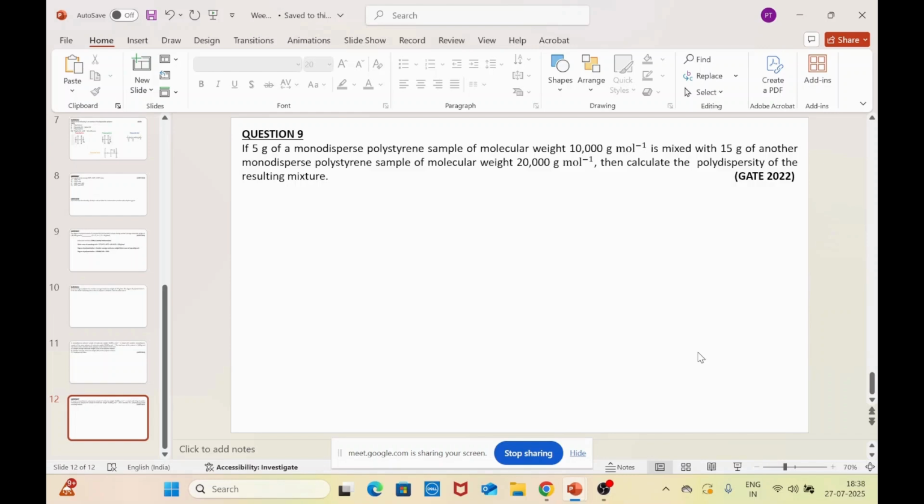So, any answers for this question? I'll start solving within another 1 or 2 minutes.